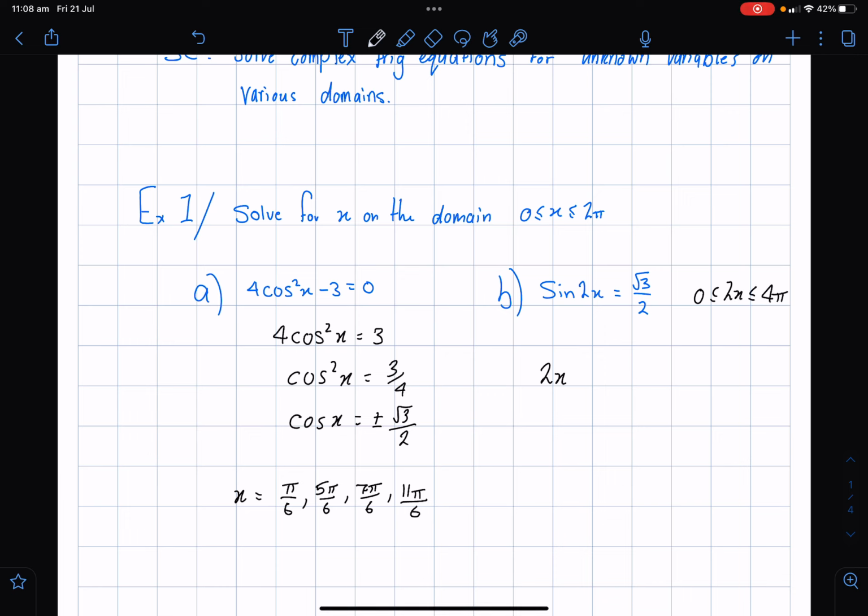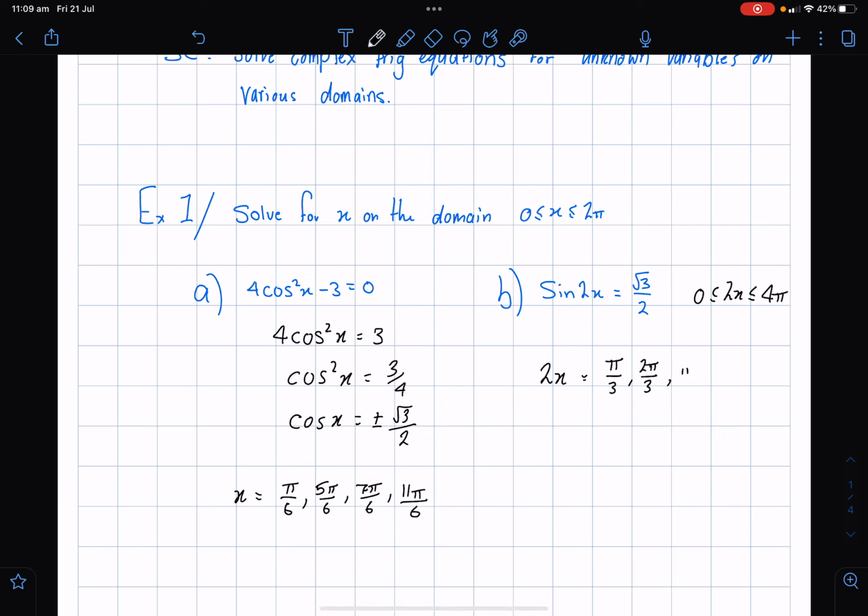So that means we have to do 2 rotations of our unit circle. So what 2x's give me a sine of √3 on 2 from 0 to 4 pi? So sine is our y coordinate, so I've got pi on 3, 2 pi on 3. Now that's the only 2 between 0 and 2 pi, but we've got to do one more rotation.